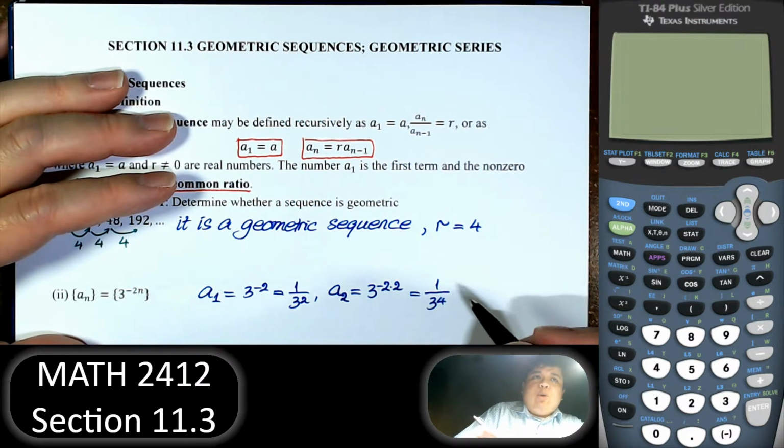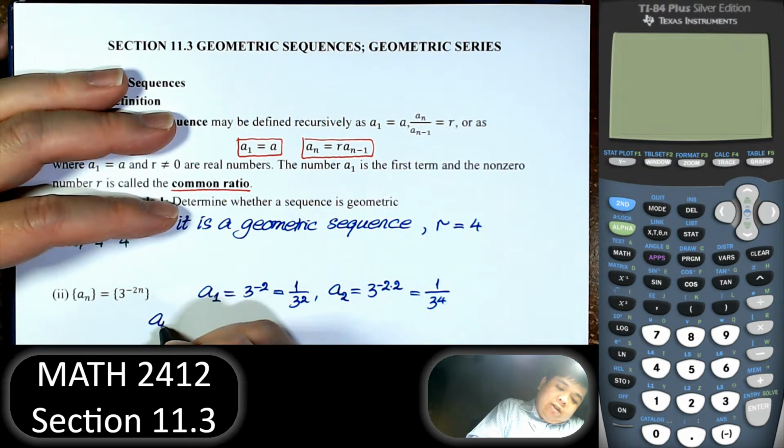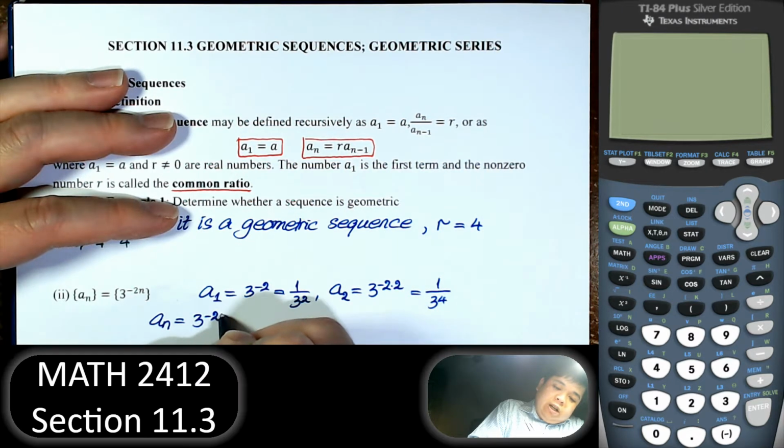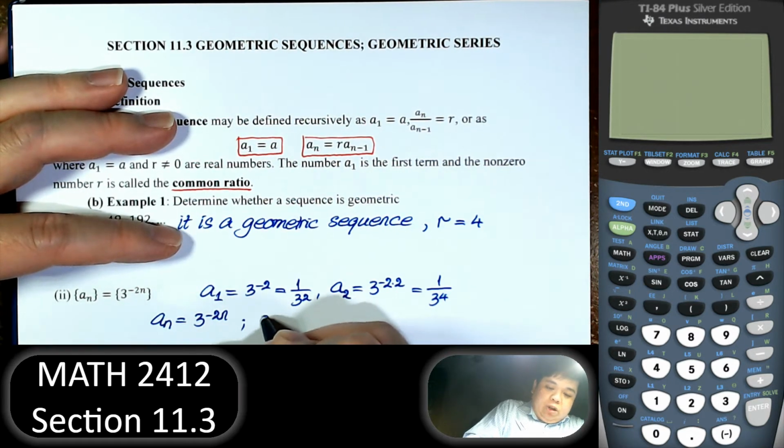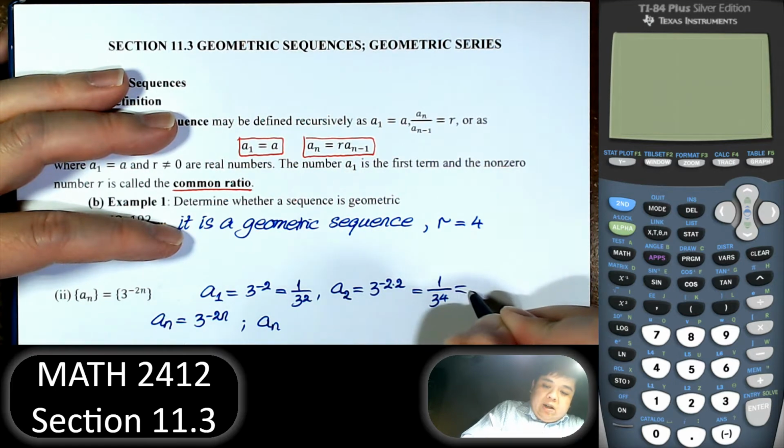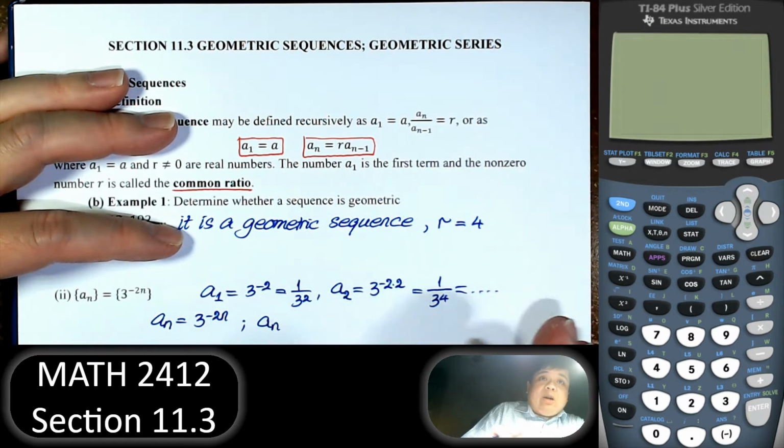Right, it's difficult to see, but if we have a of n equal to 3 to the negative 2n, and we write it like that, we won't be able to tell.